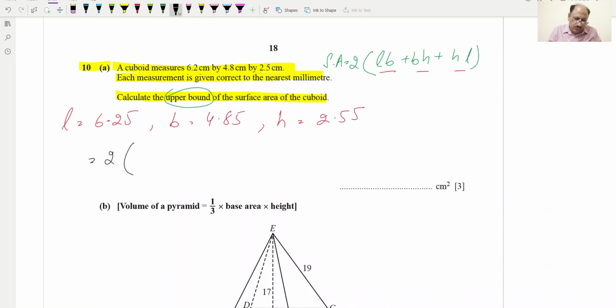Now we will replace in this formula which we have written. So it will be 2 into L, which is 6.25, into B, which is 4.85.